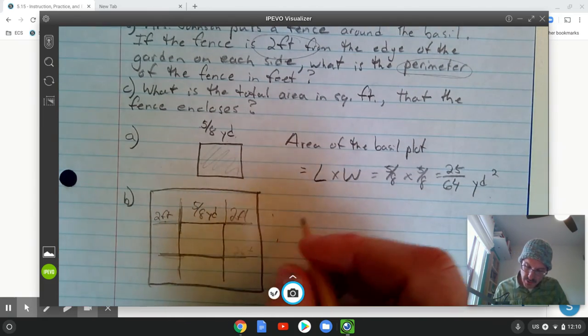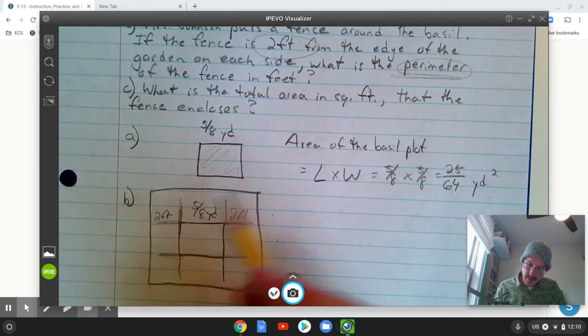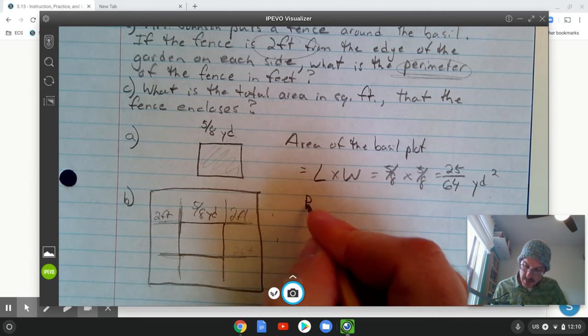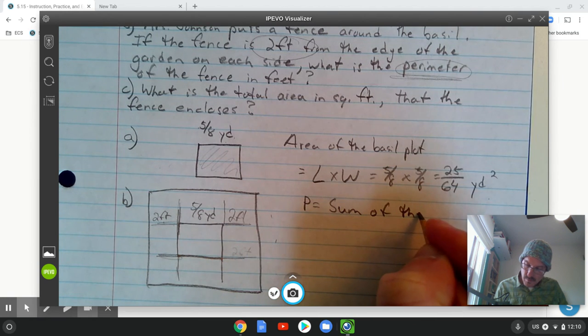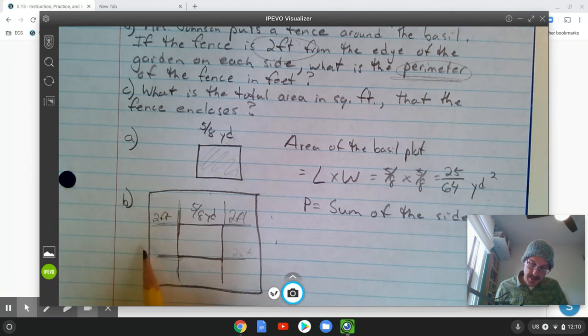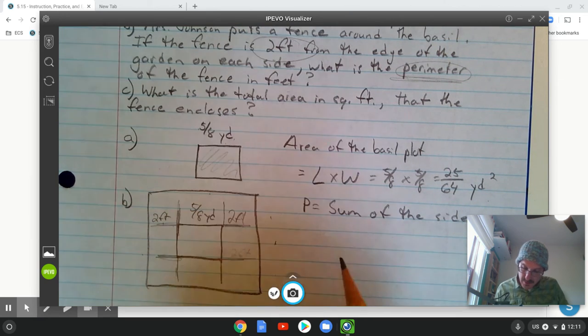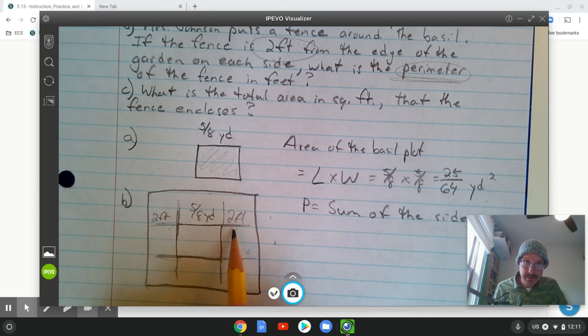All right. So, and the question here is the perimeter. All right. So the perimeter is the sum of the sides. So we need to add this side and this side and this side and this side to see how long the fence is. So we need one side. It's a square.